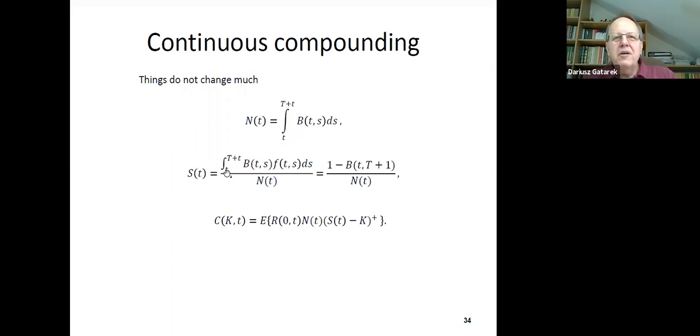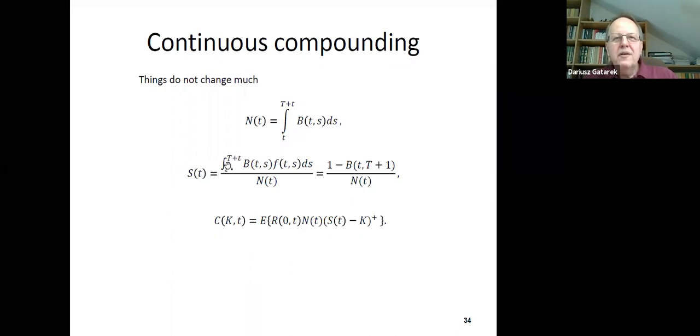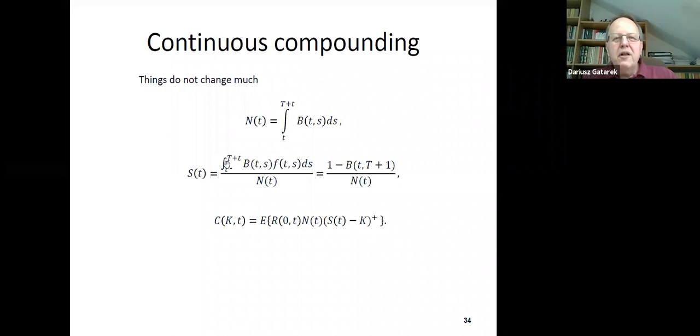Swap rate from little t to capital T plus little t. So the swap tenor is equal to capital T. This is this equation. And the swaption price is as it was defined before: discounting, annuity, and intrinsic value of the swaption.